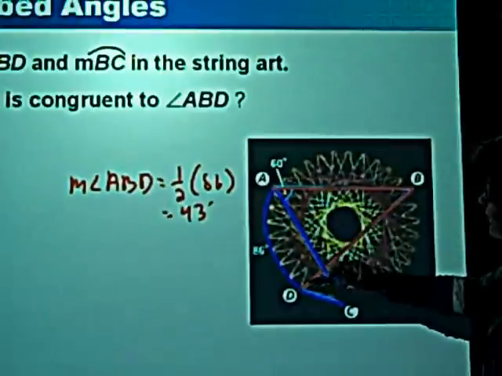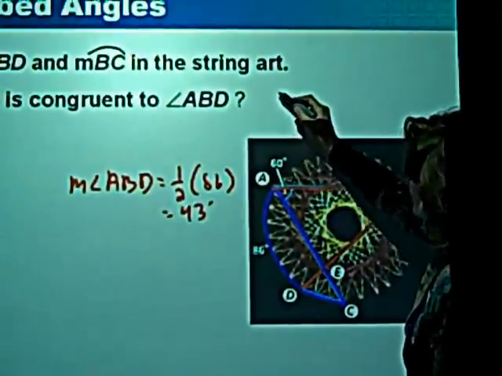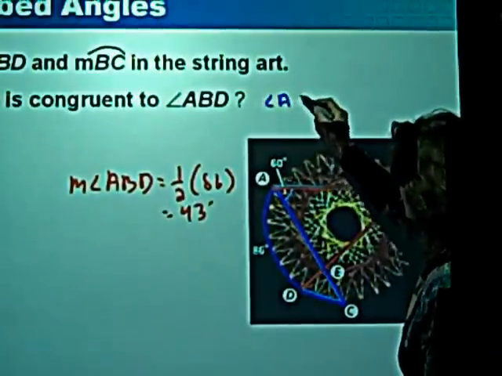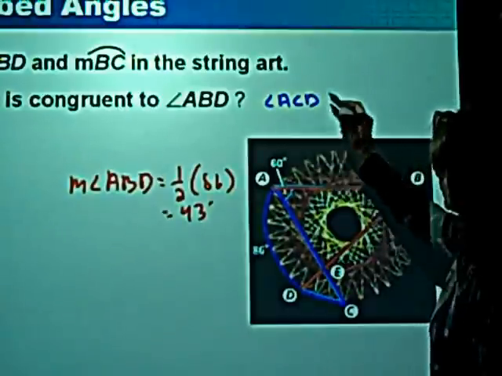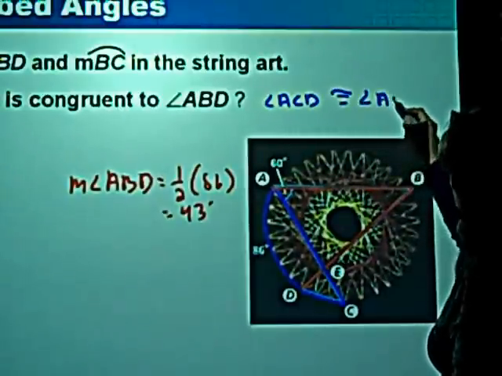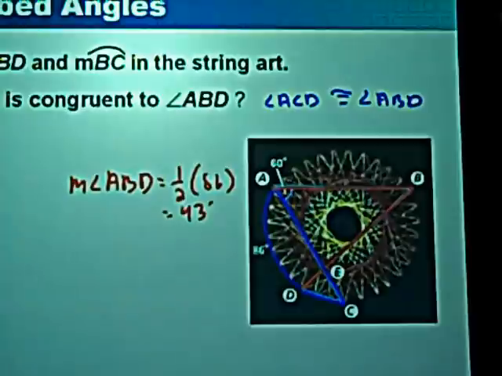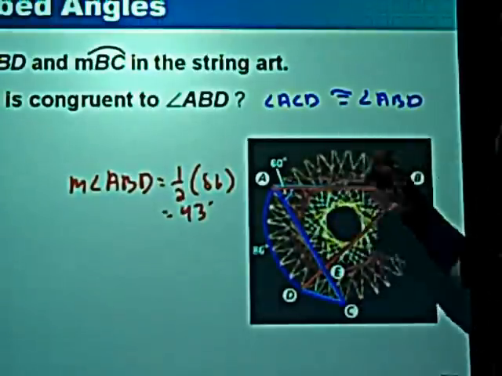So ACD is congruent to angle ABD because they both intercept the same arc. So that answers that question. Now we want to find the measure of arc BC.